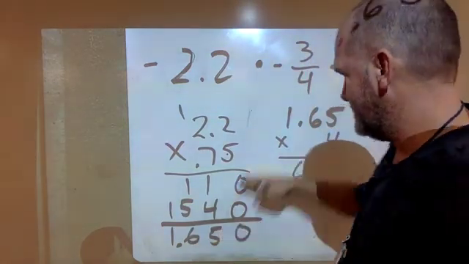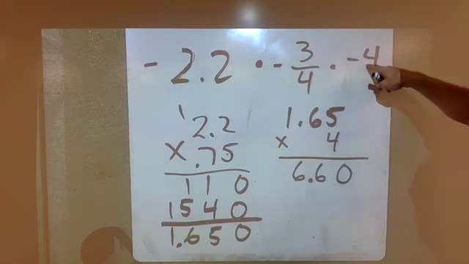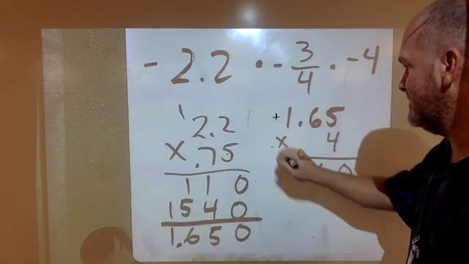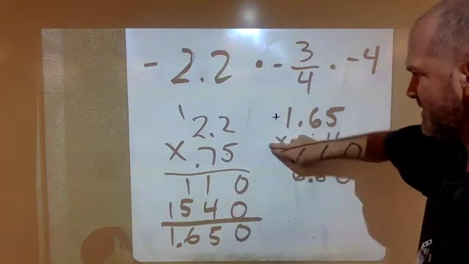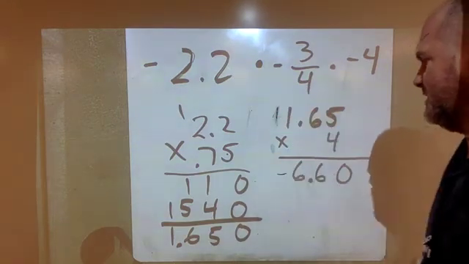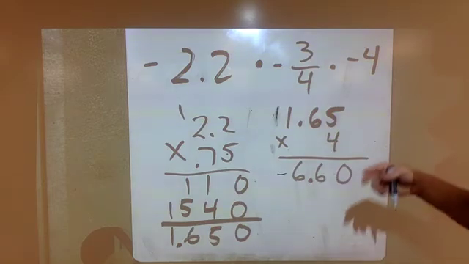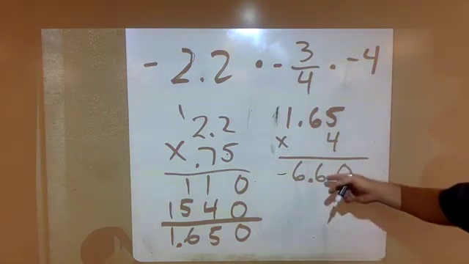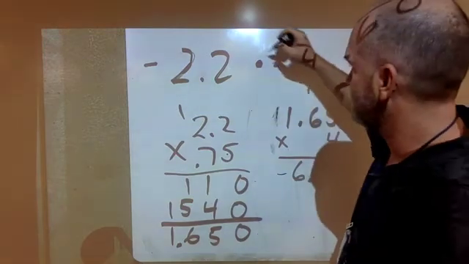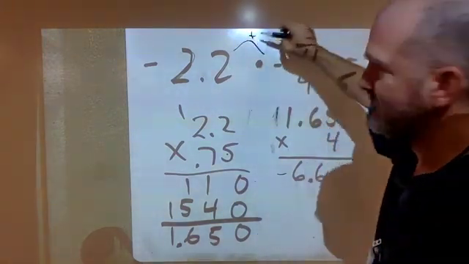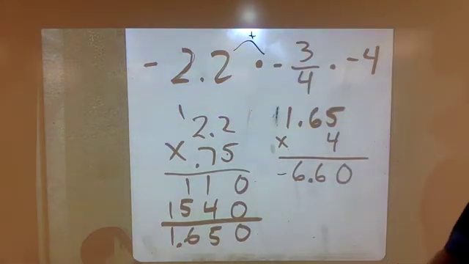Now you took this positive 1.65 and multiplied it by the -4. So now you've got a positive times a negative, and a positive times a negative is a negative. So whenever you have 3 numbers in a row that you're multiplying and they're all negative, your answer is going to be negative, because the first 2 are going to turn into a positive answer, and then you throw in that last negative and boom, it flips it back to negative.